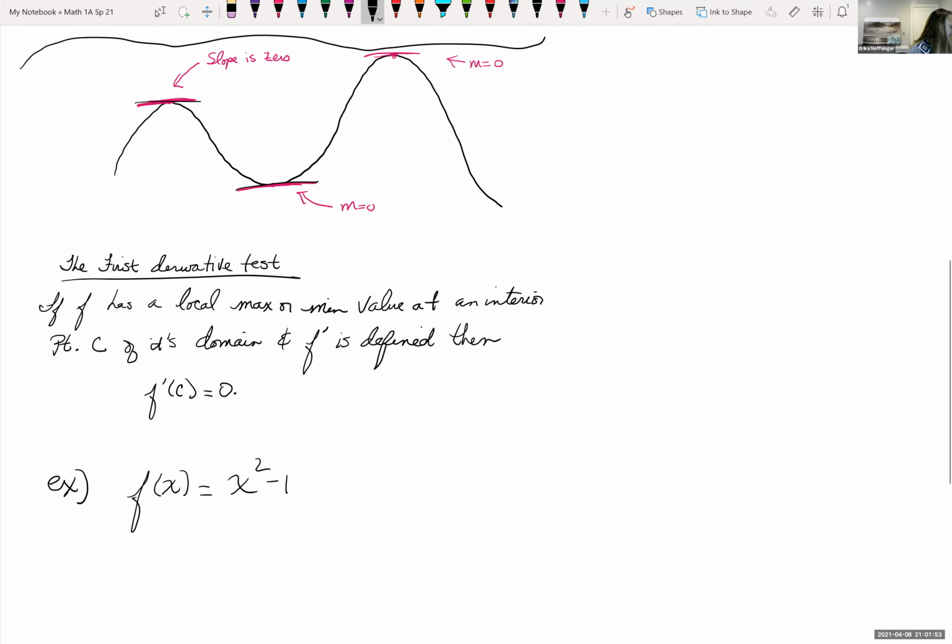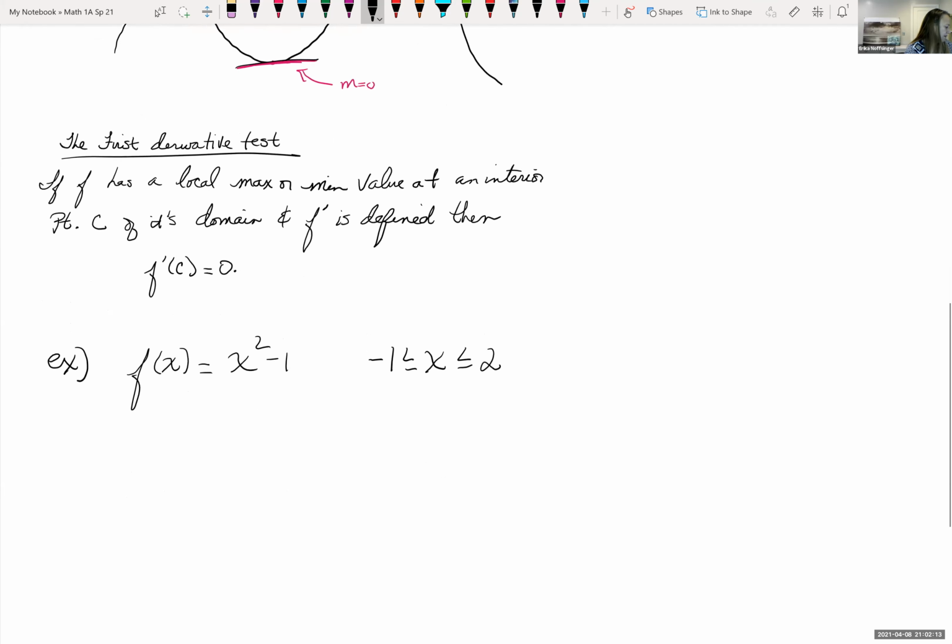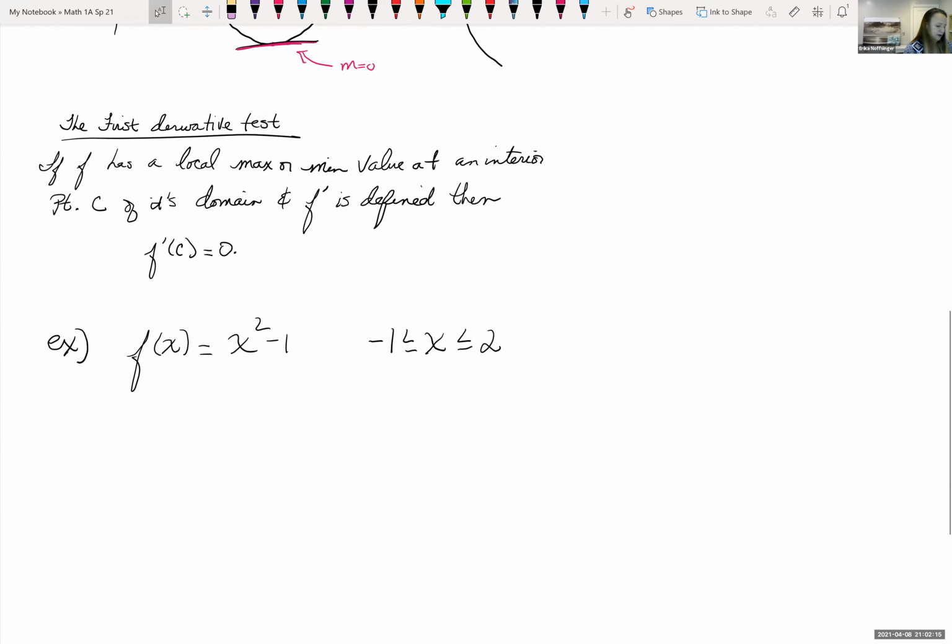And we're looking at this between -1 and 2. So -1 is less than or equal to x, which is less than or equal to 2. It asks us to find the absolute maximum and minimum values of each function on the given interval. Then graph the function and identify the points on the graph where the absolute extrema occur, and include the coordinates.